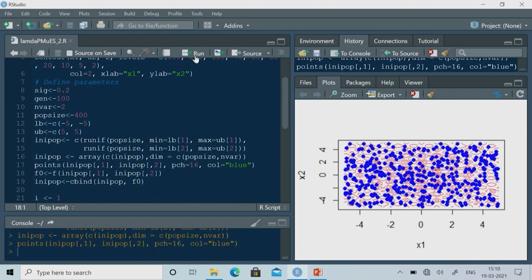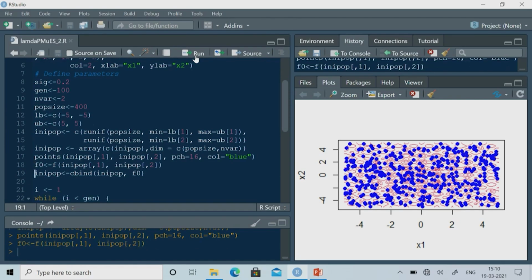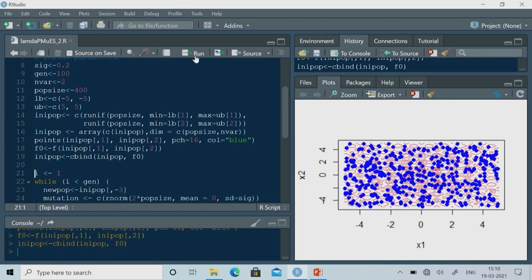Then calculate the function value for this initial population. I am putting this function value in the initial population itself in the third column, and then I am executing this while loop.